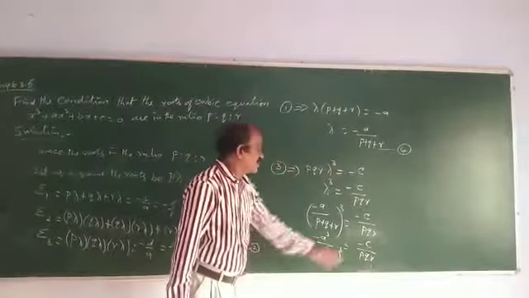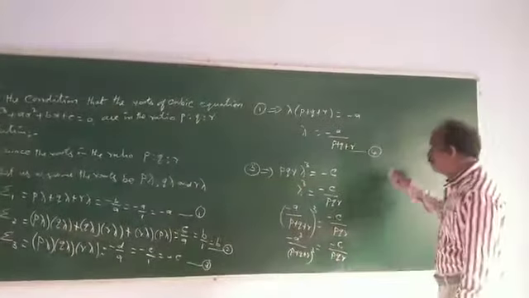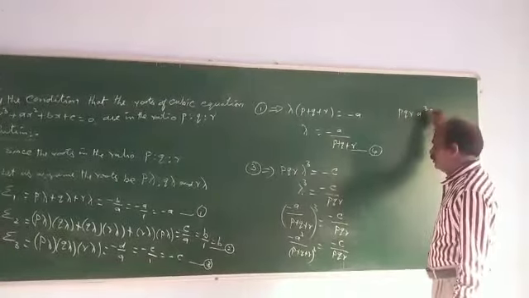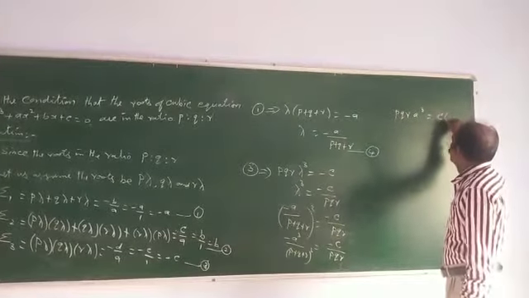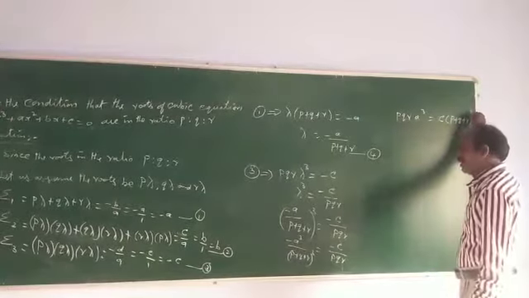The minus signs cancel. Therefore, cross multiplying, p q r into a cubed equal to c into (p plus q plus r) whole cubed.